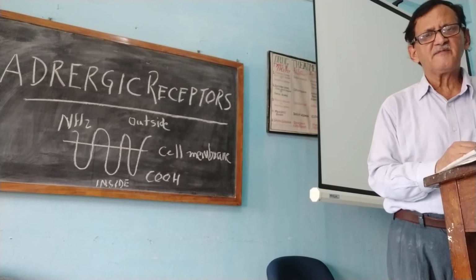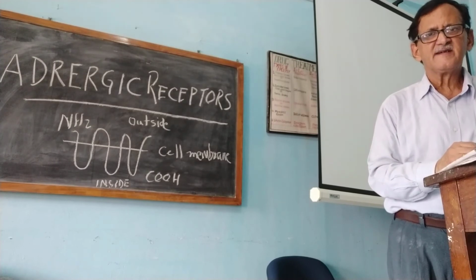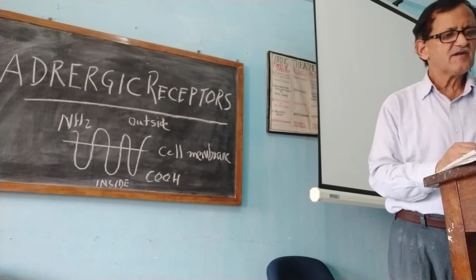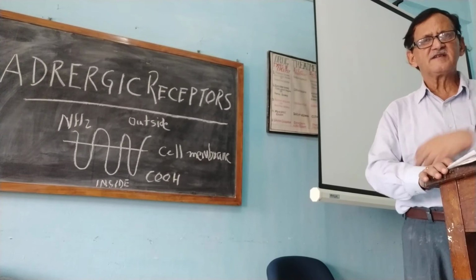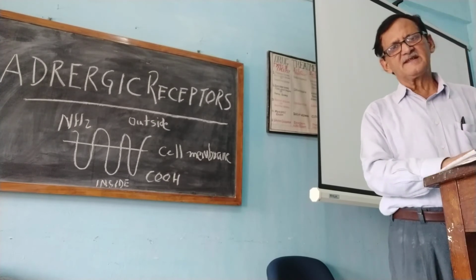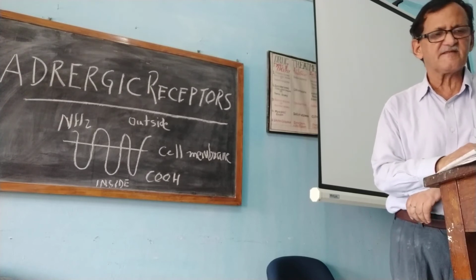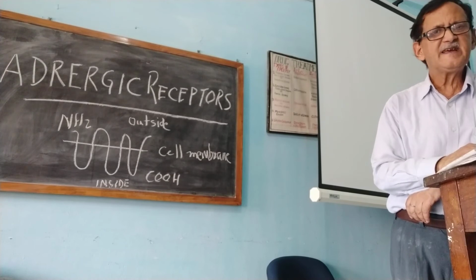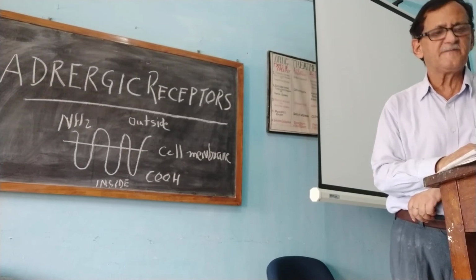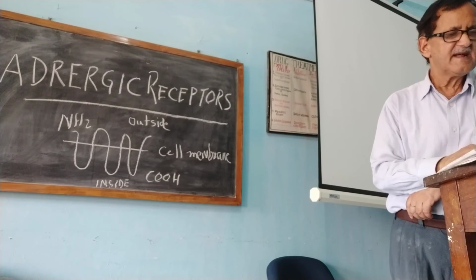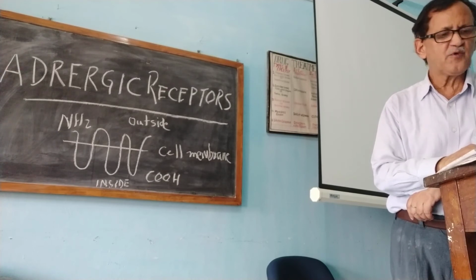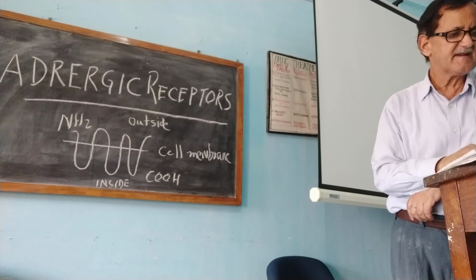You are running, you are under flight, so your muscles need more blood supply, and for nutrition they need more glucose. So these all are associated with this. There will be increase in glycogenolysis in liver and skeletal muscles. There will be increase in release of insulin, and there will be increase in uptake of potassium ion by skeletal muscles.